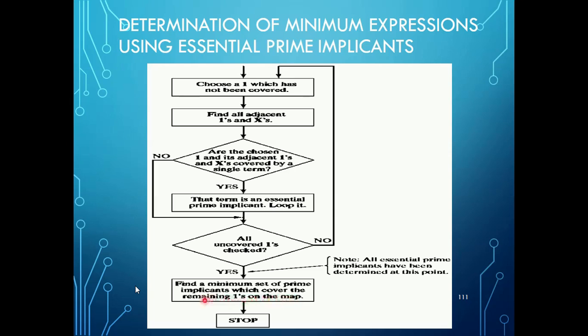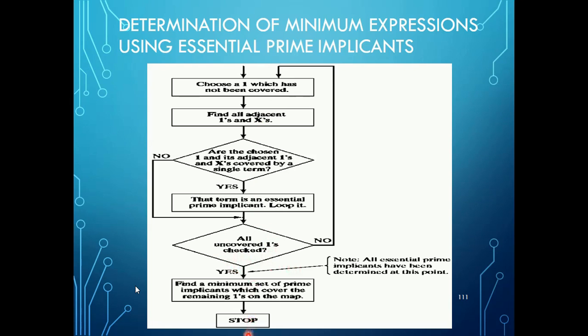So finally, you found the final expression. If you have not covered all ones, that means if some min terms are left to check, then you go to the previous step again. That means again choose a one which has not been covered. That same step has to be repeated until all ones are covered.